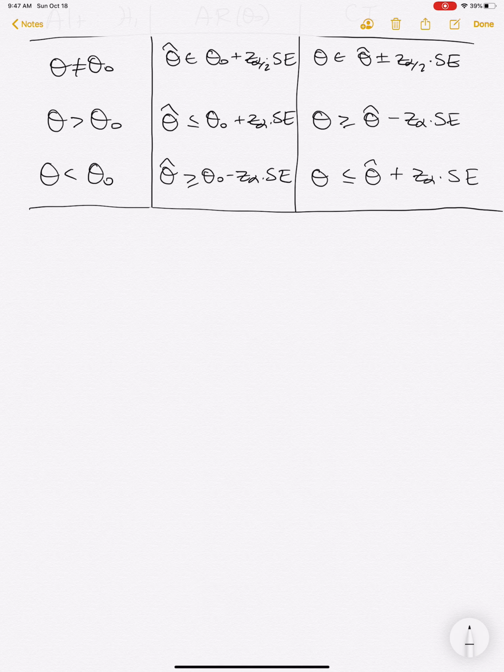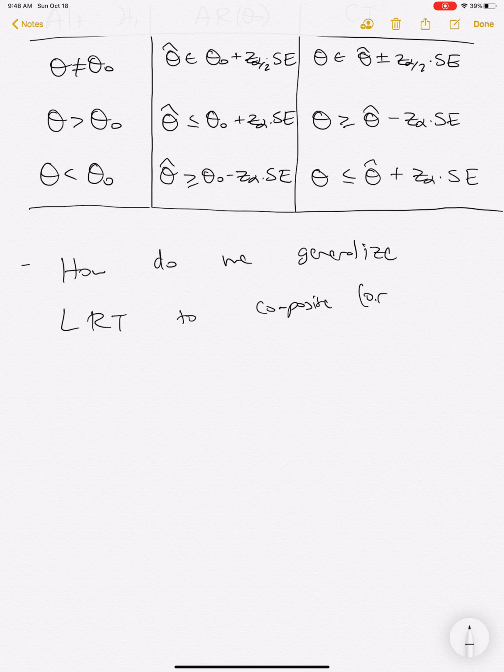So the next topic we're going to look at is how do we generalize the likelihood ratio test to composite or other alternatives?